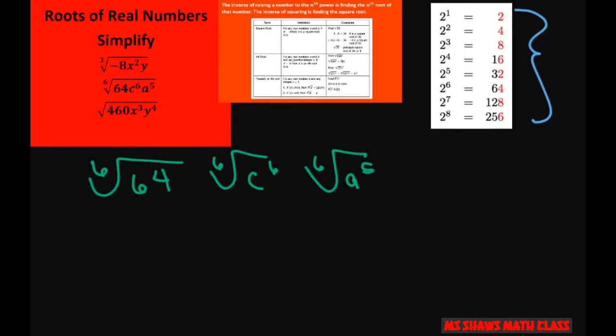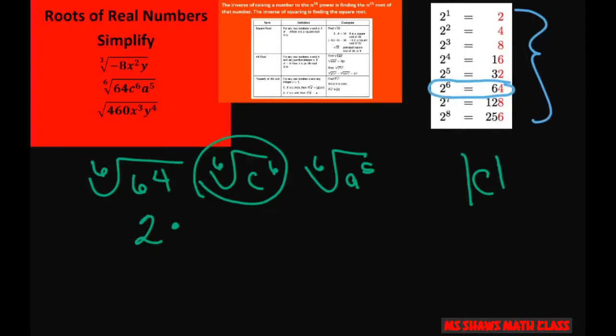So for 2, if you look at this, we have our 64, and so the 6th root of 64 is just going to be 2. Now this one, the 6th root of c to the 6th is just c. However, since c ends up to an odd power, we have to put absolute value signs on this.